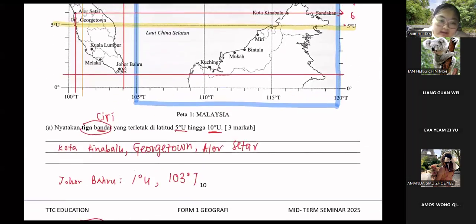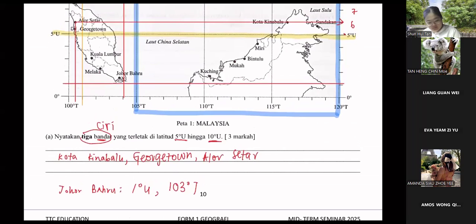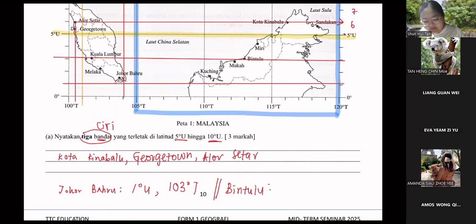So the next one, let's try one more. Bintulu. Can you tell me the location for Bintulu? I just write here. I don't plan to do all, because I still have chapter 3 and chapter 4. I need to settle within 20 minutes. So see Bintulu, look at the horizontal line first.